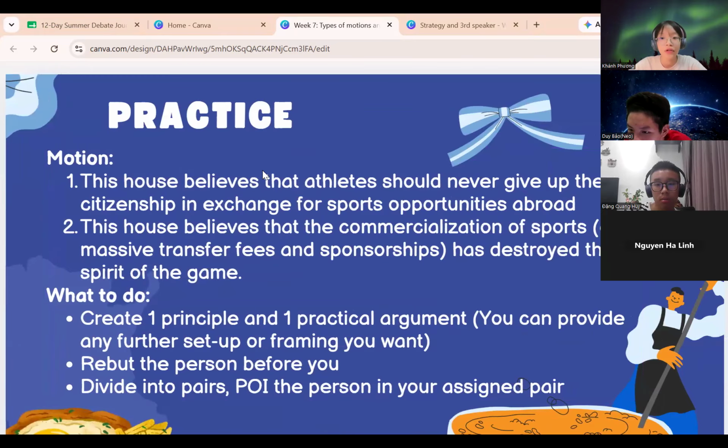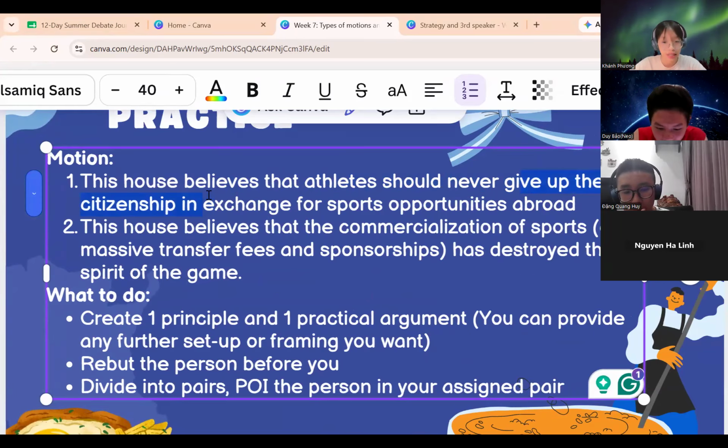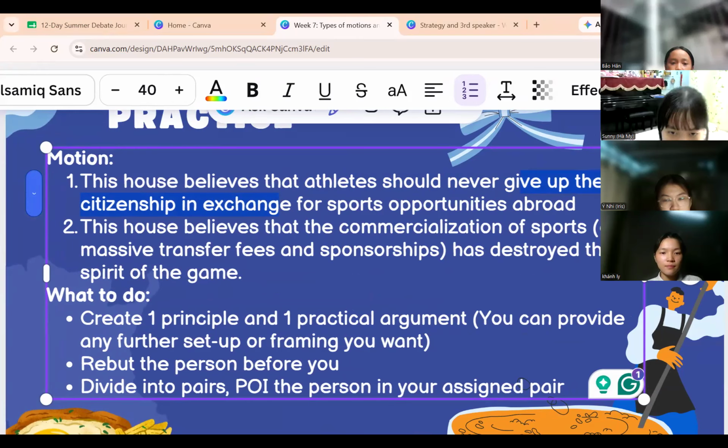Yeah, the motions are, number one, it's about sport, okay? Because tonight is the World Cup, so I just want to put a motion on sport. This house believes that athletes should never give up their citizenship in exchange for sports opportunities abroad. Meaning that some athletes represent another country.